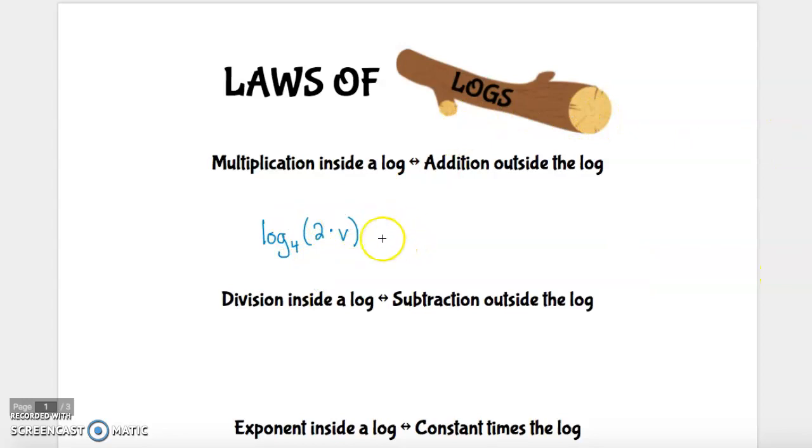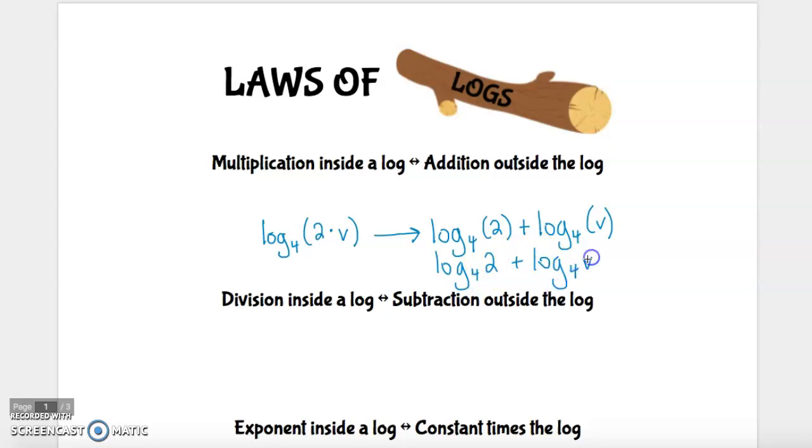If you have multiplication inside of a logarithm, sometimes it's necessary to expand it into more than one logarithm. So you can rewrite this as log base 4 of 2 plus log base 4 of v. Over here it's more acceptable to write without parentheses, because there's only one thing inside your logarithm.